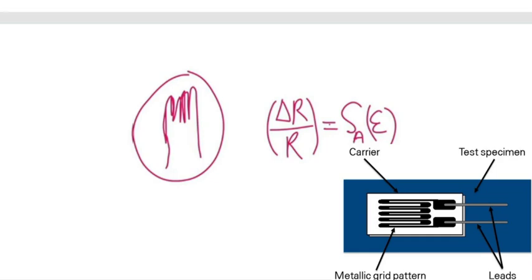So in essence, the strain gauge, we can liken it to a kind of sensor or a transducer, since it doesn't measure strain directly. That is used in measurement of, for example, other quantities: force, vibration, acceleration, and many other quantities.